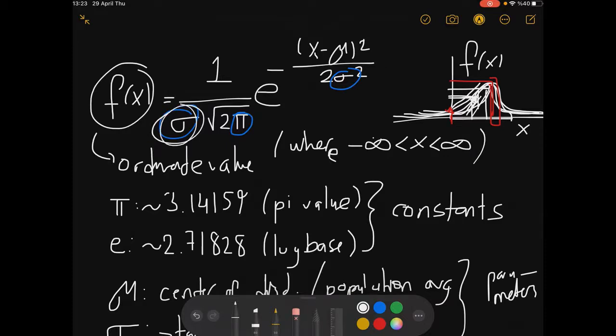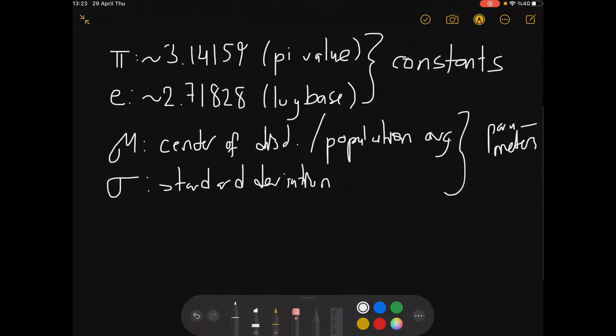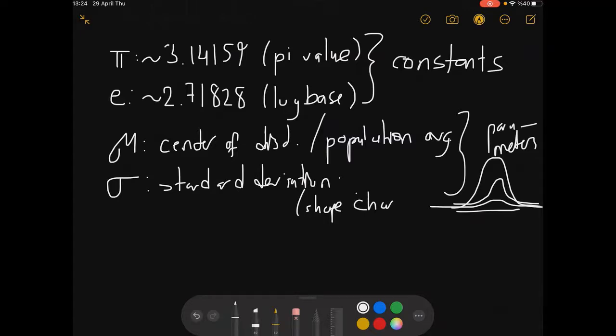The sigma also defines its shape, right? It can either be like this, or like this maybe, or maybe like this, whatever. So it all depends on your sigma. So this is also the shape parameter of your distribution.